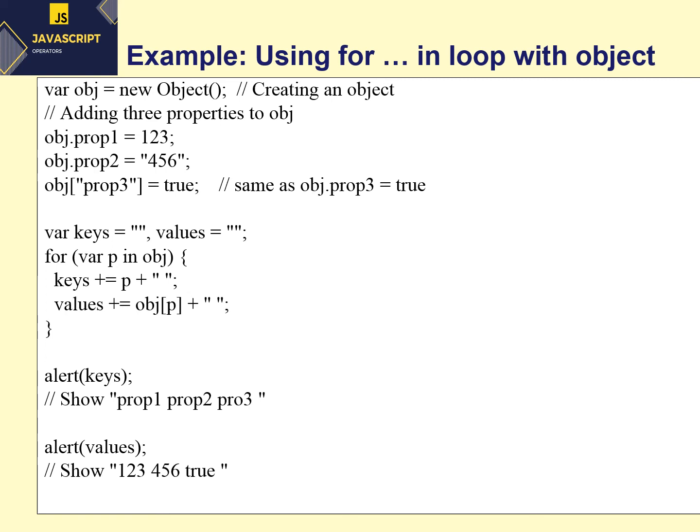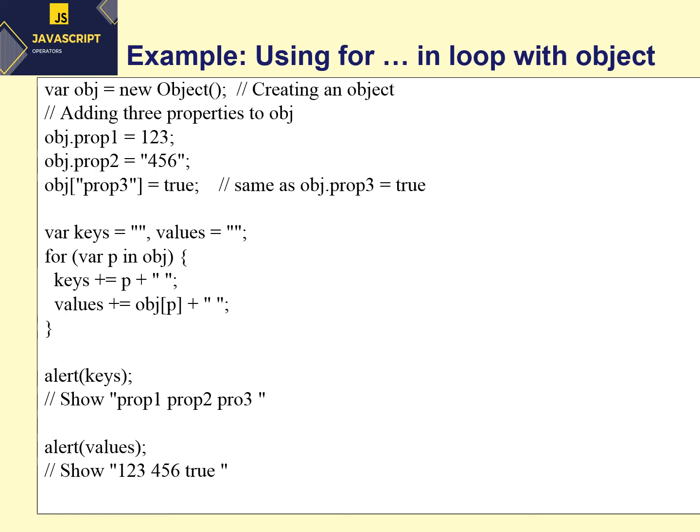In the first iteration p is having the value prop1 plus a space value. Then values plus equal to obj of p, which means obj of prop1. Obj of prop1 is holding the value 1, 2, 3. So 1, 2, 3 space.